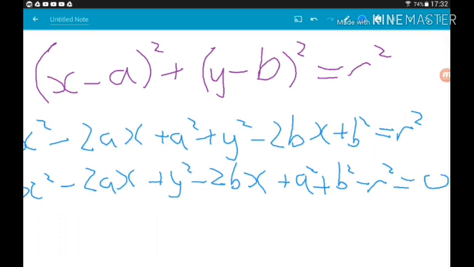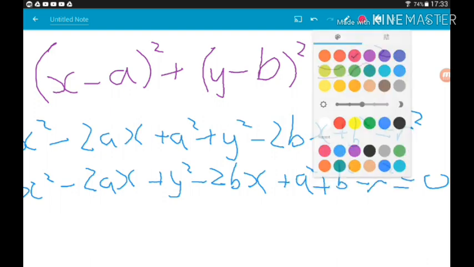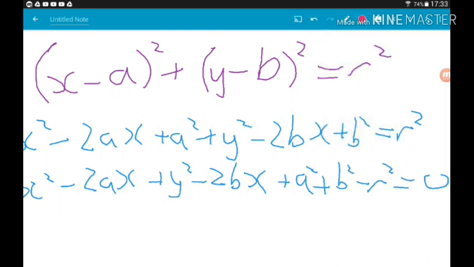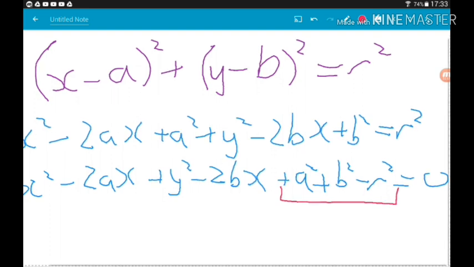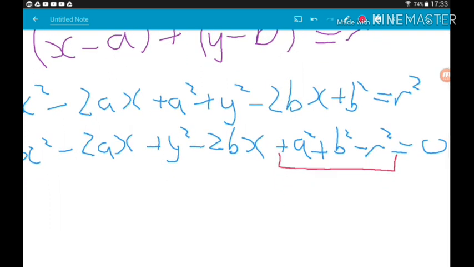Now what we've got here, at the end, these three terms are all constants. So we think of a squared plus b squared minus r squared as c.